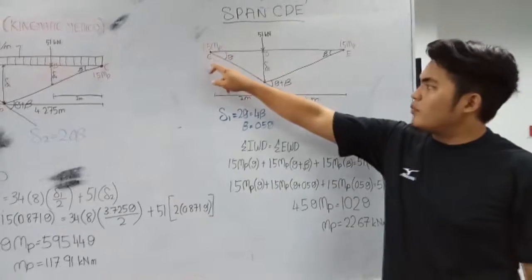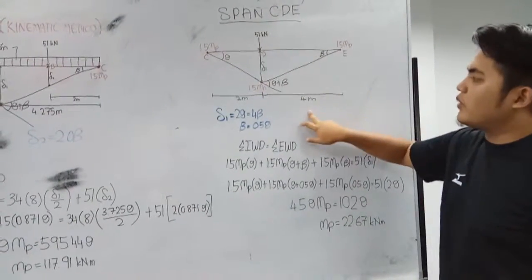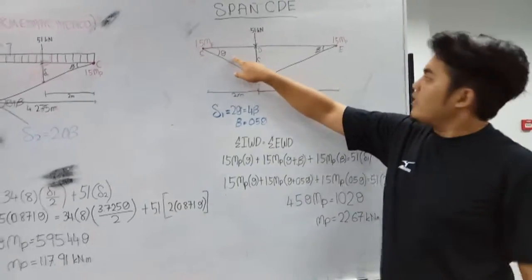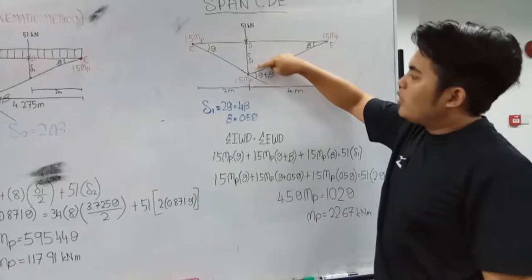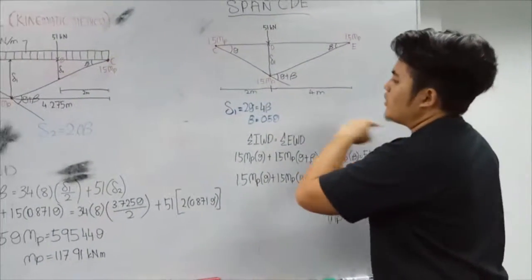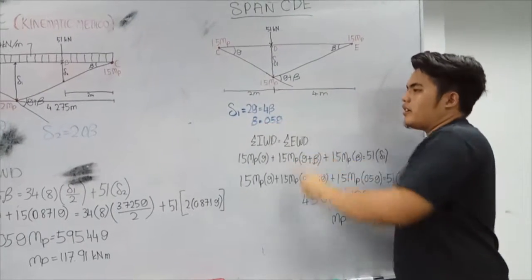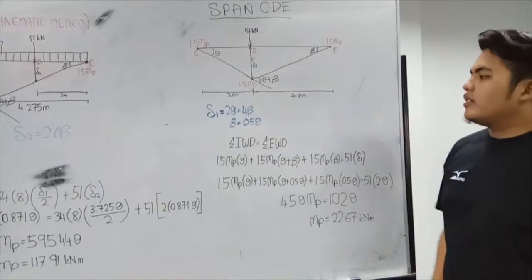The length from point C to the load is 2 meter, and from point D to P is 4 meter. And then we put here theta and beta, and this one is theta plus beta. The load here is only 1, so we put delta 1. Using the Pythagoras theorem also, we get this relationship, which is beta equal to 0.5 theta.